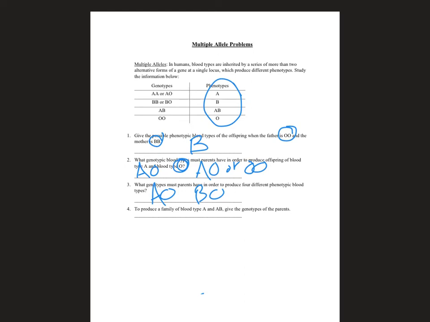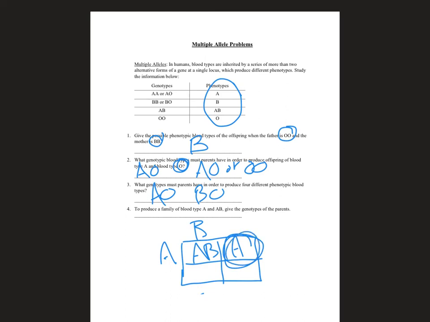And this last one here, to produce a family of blood type A and AB. So now same thing, but your 2 phenotypes in offspring are AB and A. So again, well, this would have to be an A, this would have to be a B, but in order for this not to be AB, this here would have to be an O, correct?